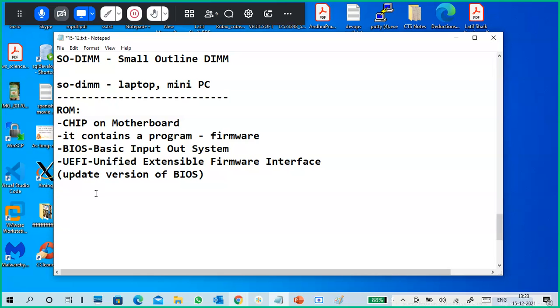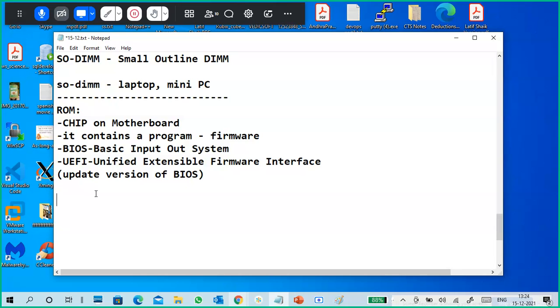Next, when you take a chip, the program is already built in. Because ROM is non-volatile.